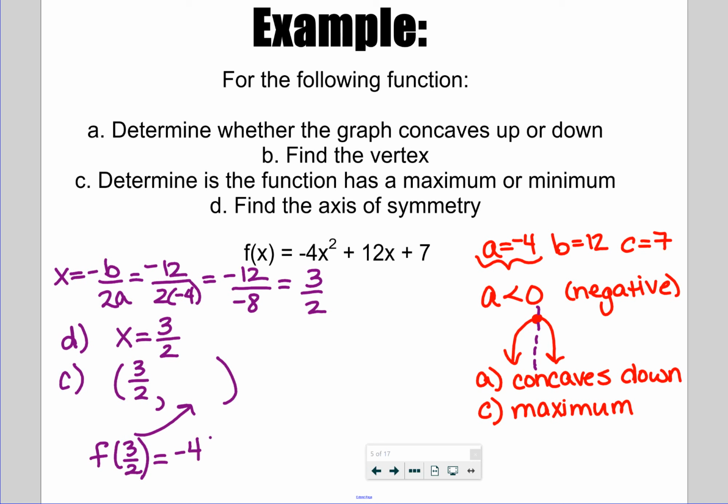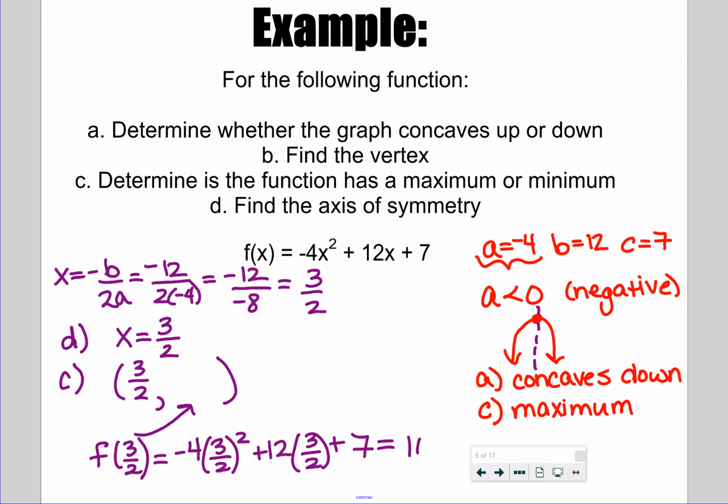So we're going to do negative 4 times 3/2 squared plus 12 times 3/2 plus 7. And then you can type that in the calculator. Again, you can use 1.5 if that makes it easier. And I get 16. So our vertex is 3/2, 16.